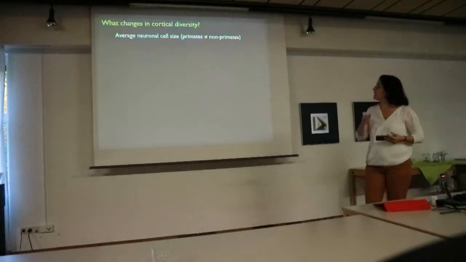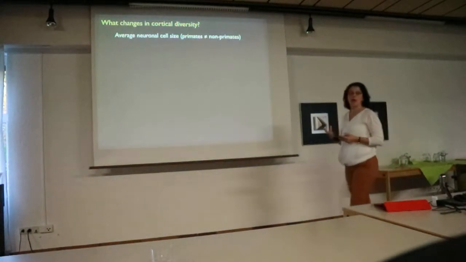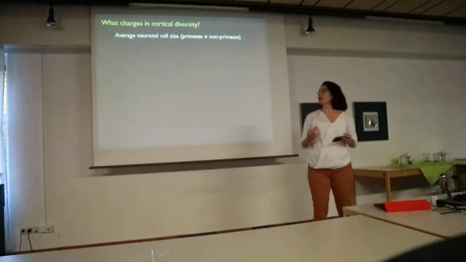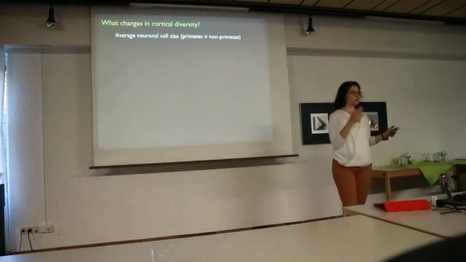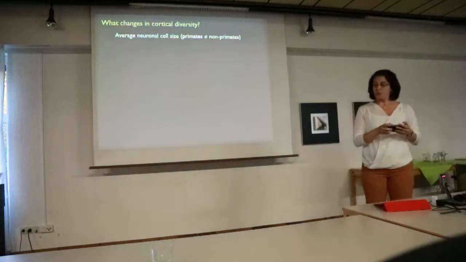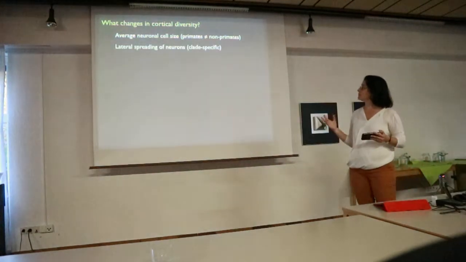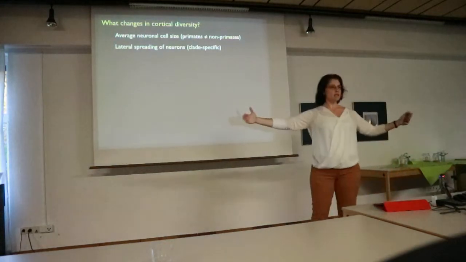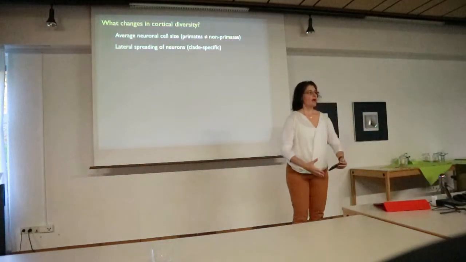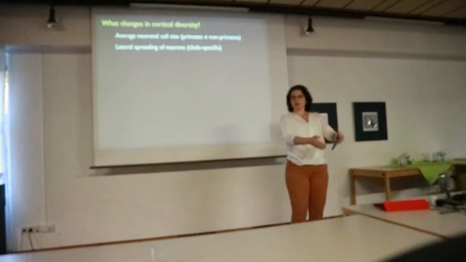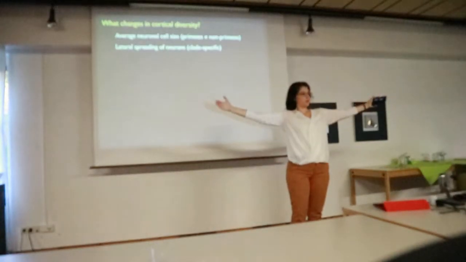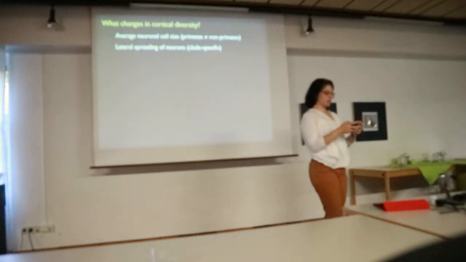What we have here is that you do have cortical diversity that stems from changes in the average size of the neurons, and that varies between primates and non-primates. We do have clade-specific diversity in the lateral spreading of neurons. You can have a certain number of neurons form, but then either cluster vertically or else become spread radially.